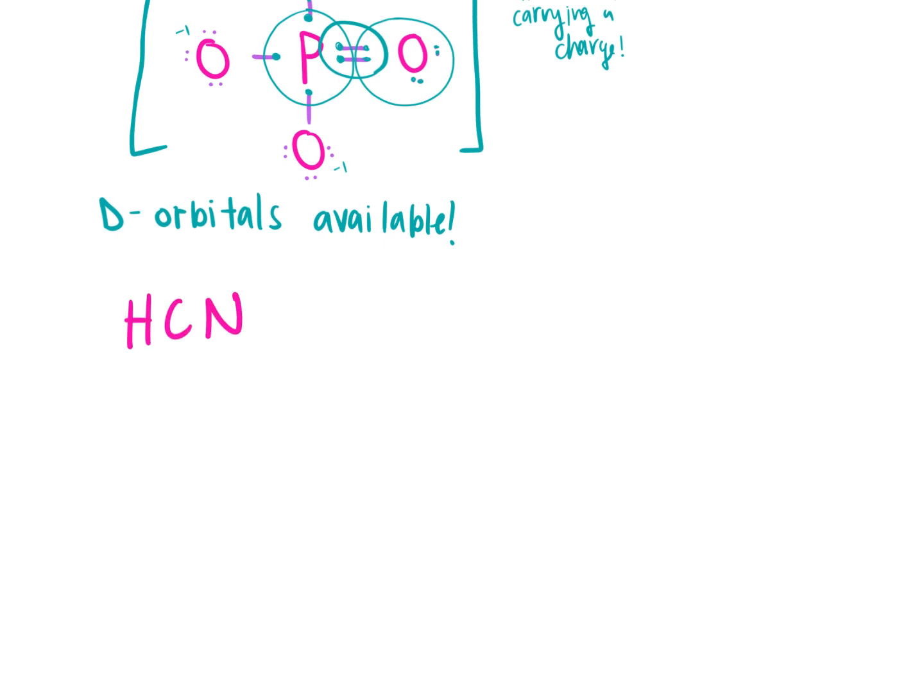HCN. So let's count up our valence electrons. One plus 4 plus 5 gives me 10 electrons total. What's my central atom going to be here? Carbon. And then I'm just going to surround it with nitrogen and hydrogen.